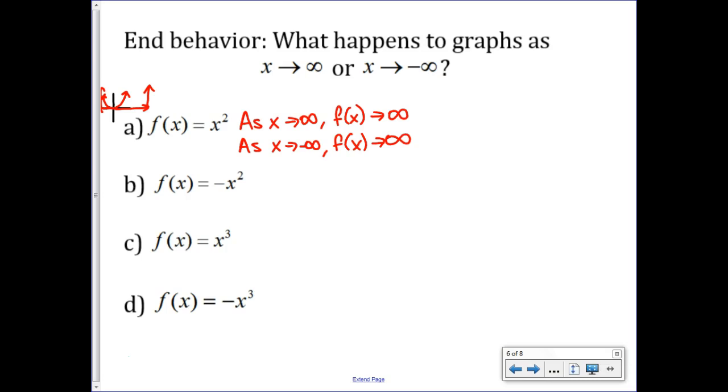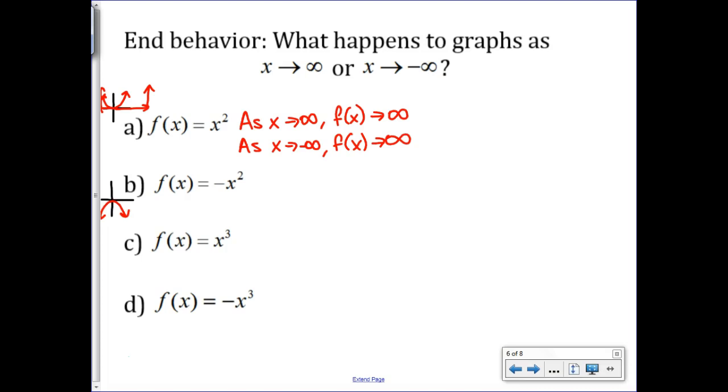So look at part B. It says negative x squared. So if I draw that graph in, that negative x squared tells me that I have just flipped over the x-axis. I reflected over the x-axis.